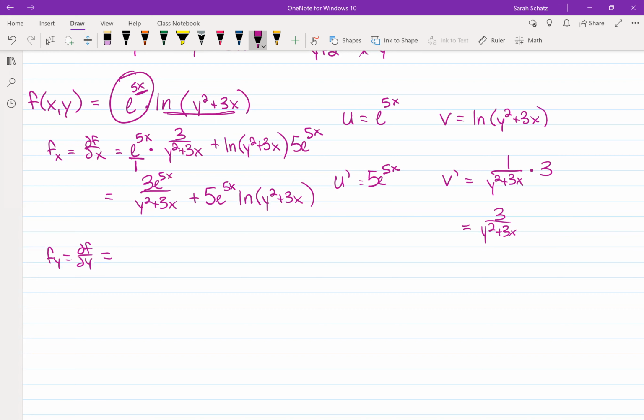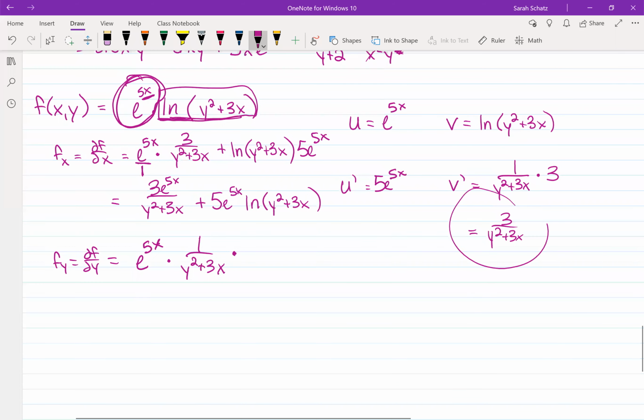You guys, so being a constant number, being a coefficient of this natural log, that term just comes down as a coefficient. Then I can take, using my natural log rules, and get 1 over y squared plus 3x. Be careful here, remember, because we just did this with respect to x.